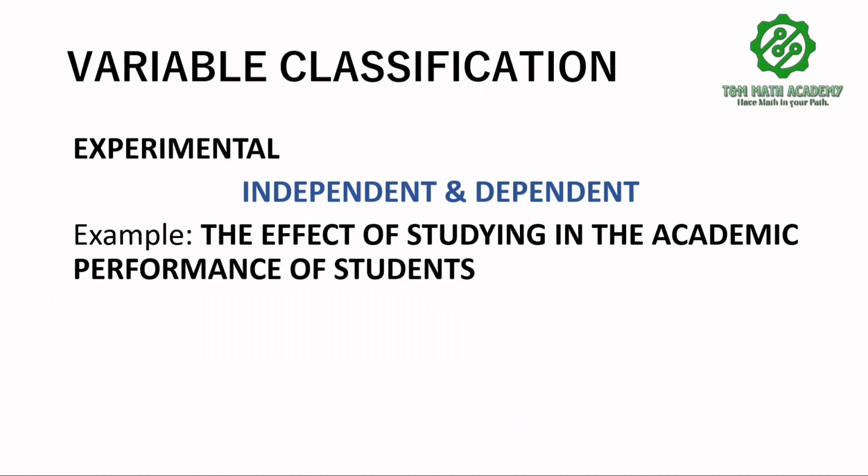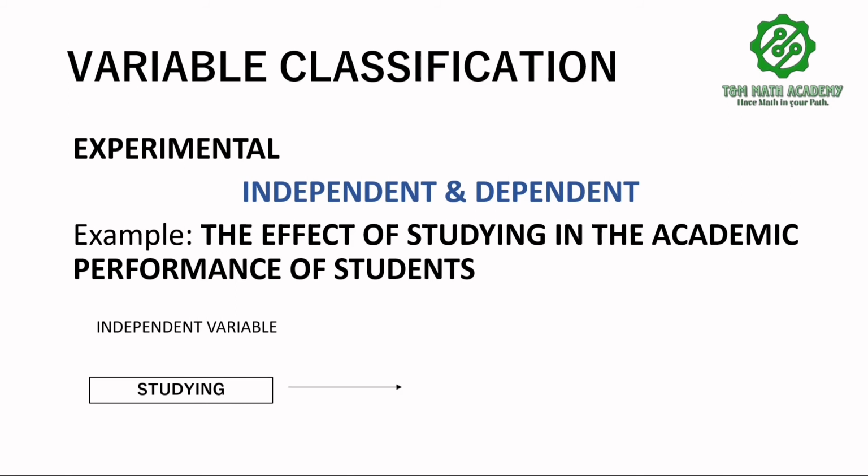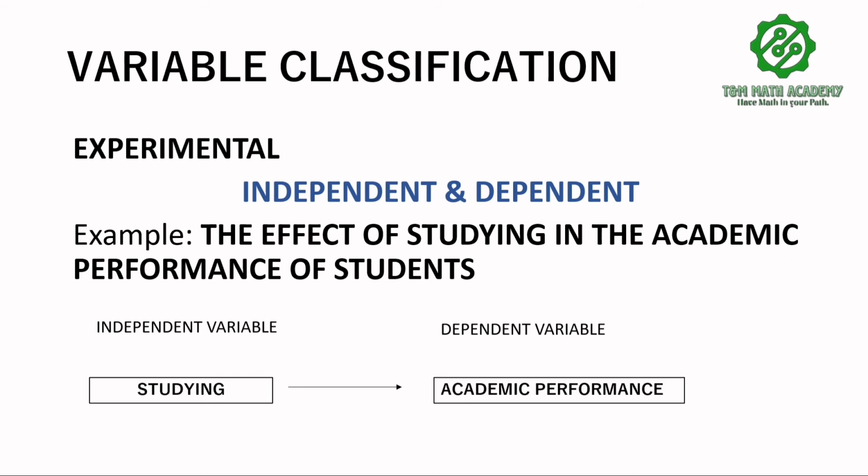Okay, so let's take this example. The effect of studying in academic performance of students. So napakasimpleng research title lang to, no, para mas maintindihan natin. I have here the independent variable, which is studying, or should I say number of hours in studying, related to the dependent variable, which is what we call the academic performance. Ngayon, yung academic performance ng isang student, nakadepende yan kung ilang oras siya nag-aaral sa bawat araw.